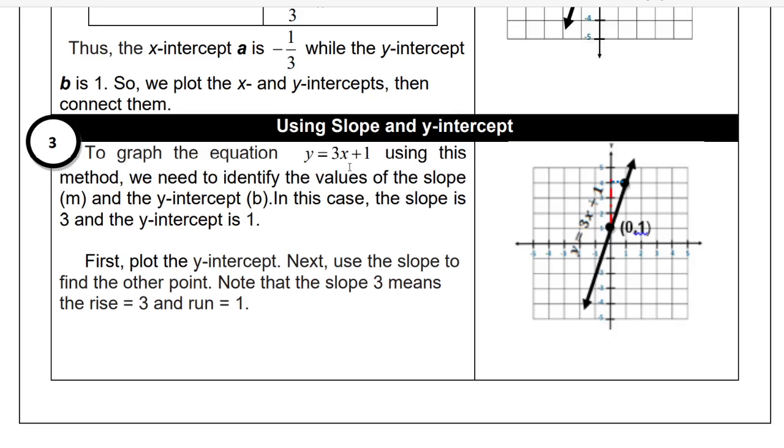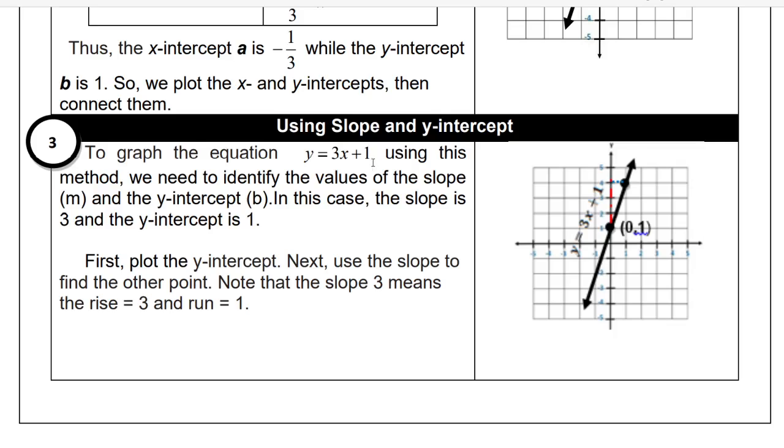So this is already in slope-intercept form. This is already in the form of y equals mx plus b. So since beside your x is your m, therefore your slope is 3. And your y-intercept is positive 1.